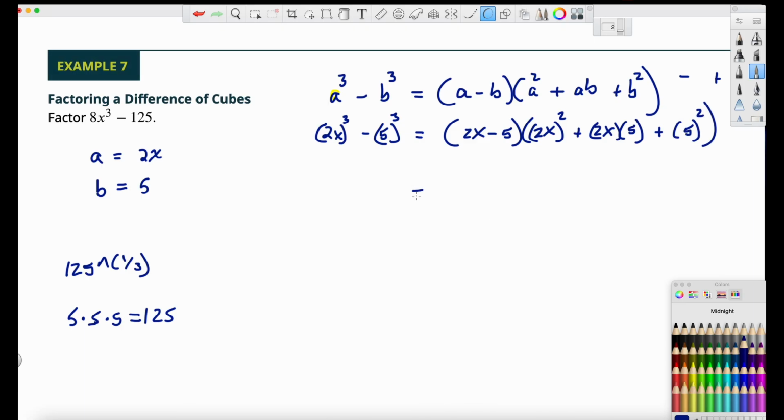All right, so that is 2x minus 5. That's my binomial. And I'm just going to expand this a little bit. 2x squared is 4x squared. 2x times 5 is 10x. 5 squared is 25.